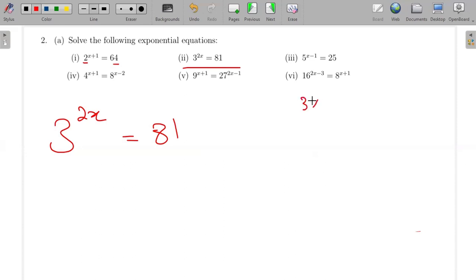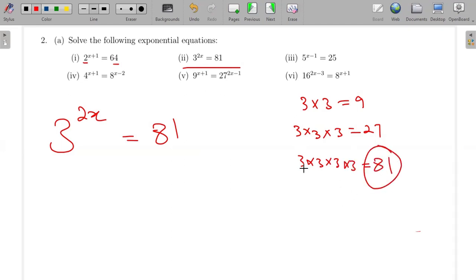Because if we do 3 times 3, this would be 9. If I do 3 times 3 times 3, this would be 27. If I do 3 times 3 times 3 times 3, this will be 81. So it means 81 is the same as 3 multiplying itself 4 times. So it will be 3 to the power 4, which is 81.